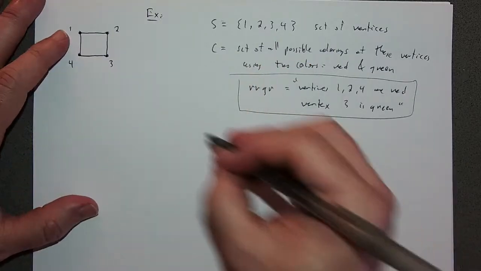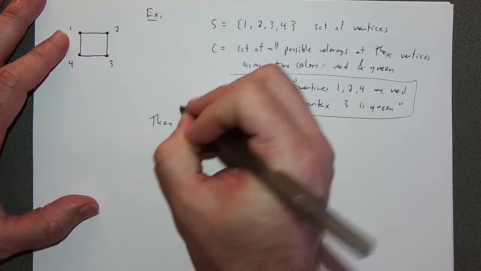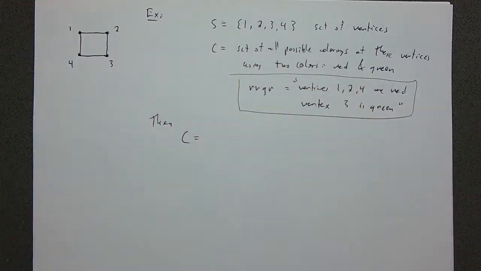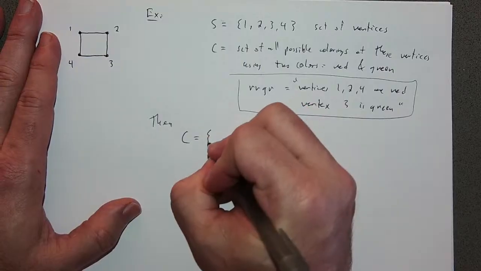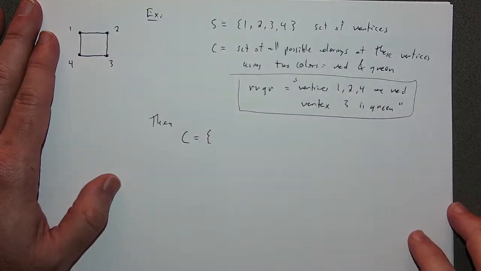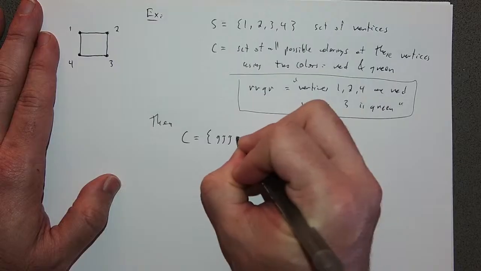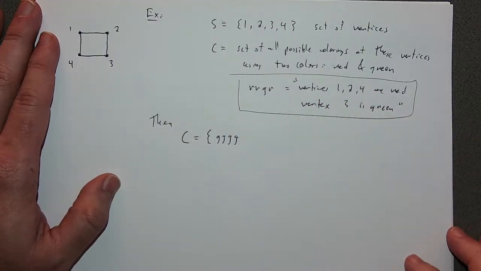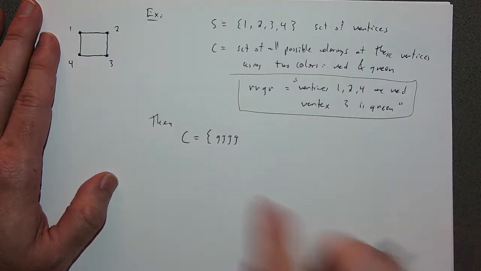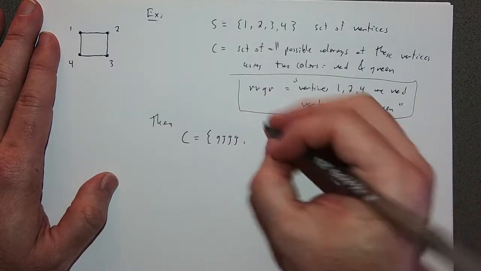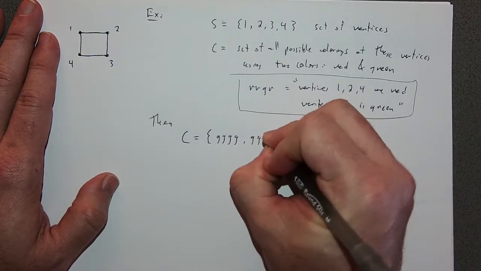Then we can completely enumerate the possibilities here for C, just being very careful that we've got everything. We have the coloring where all of them are green. Now we can decide which ones to make red one at a time, and then we can see other combos. Maybe all of them are green, but the last one's red.